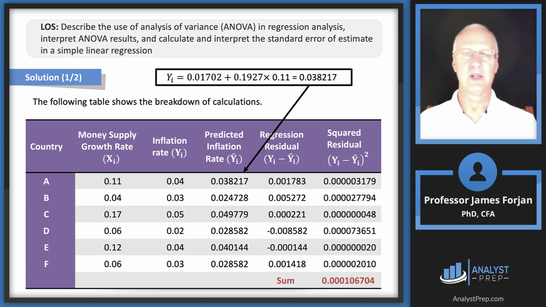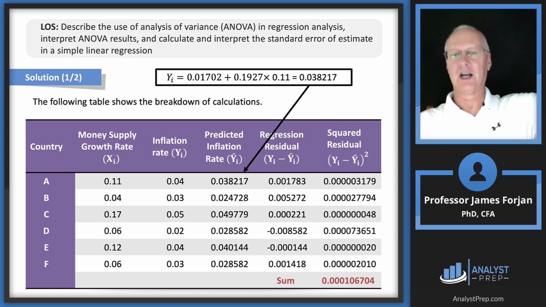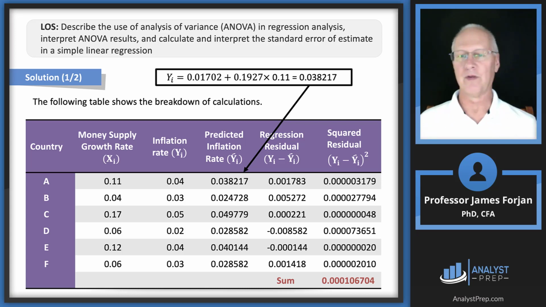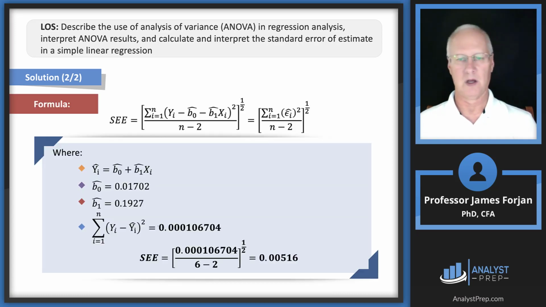I can't imagine that the CFA Institute would give you a question like this and give you 59 countries, right? That sounds like way too many, but maybe 4 countries. So it's probably a good idea to be able to compute each of the values in the column. And then, of course, over on the far right side, you're going to go ahead and sum those, right? The sum of those.